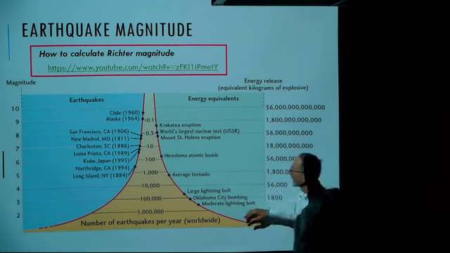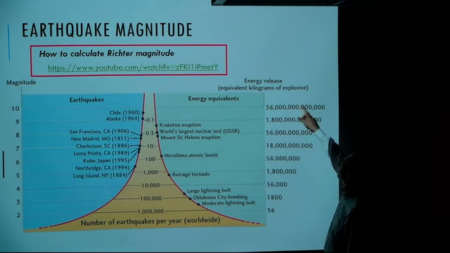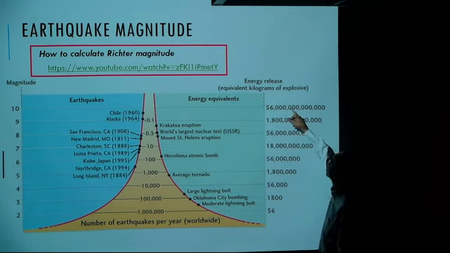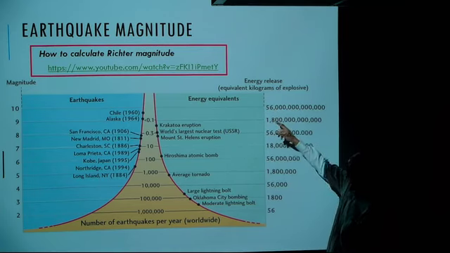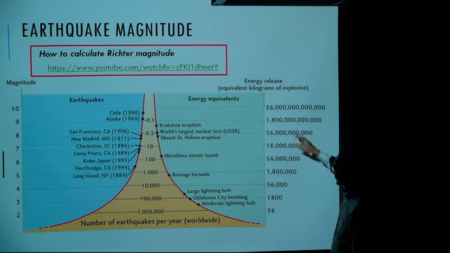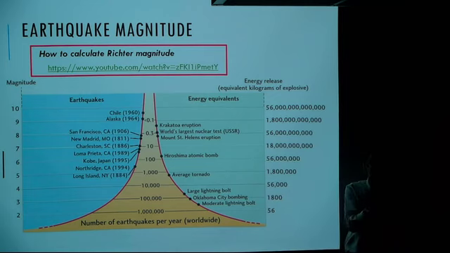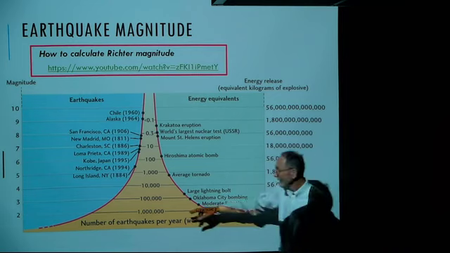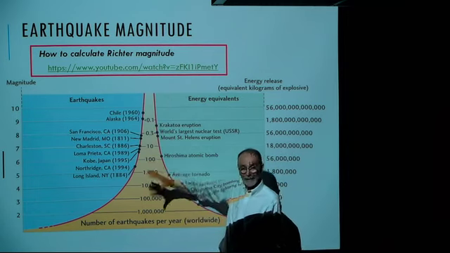But on the other hand, when these things go off, the equivalent in kilograms of explosion is 100,000 million, billion, trillion. So a 10 is like 56 trillion kilograms of explosive, whereas a magnitude 2 is like 56. Well, the smart ones among you might say, you have 1 million of these and only 1 of those, so don't they kind of even out?